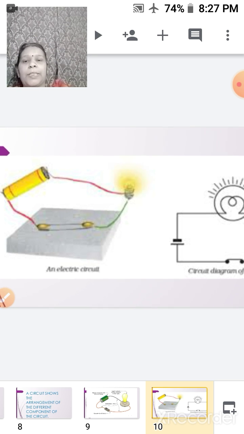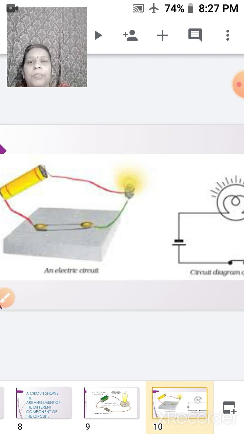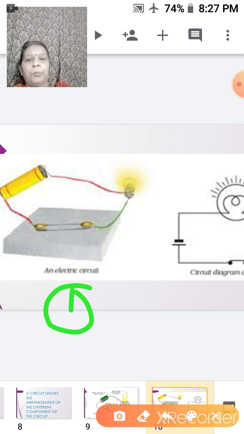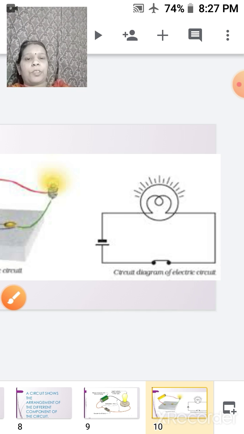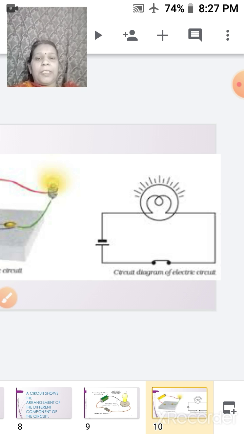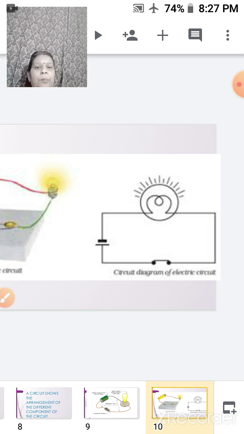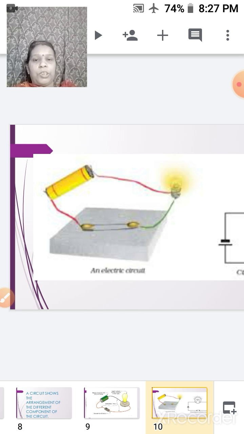Here you can see we have a circuit in which the first one uses the actual components, and the second one does not use the components but shows them in a symbolized form. Here the circuit is closed, and this type of circuit means your switch is in the on position.